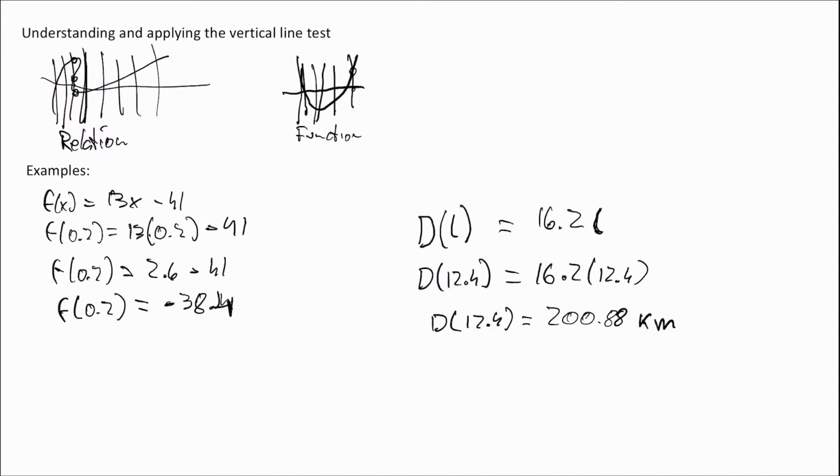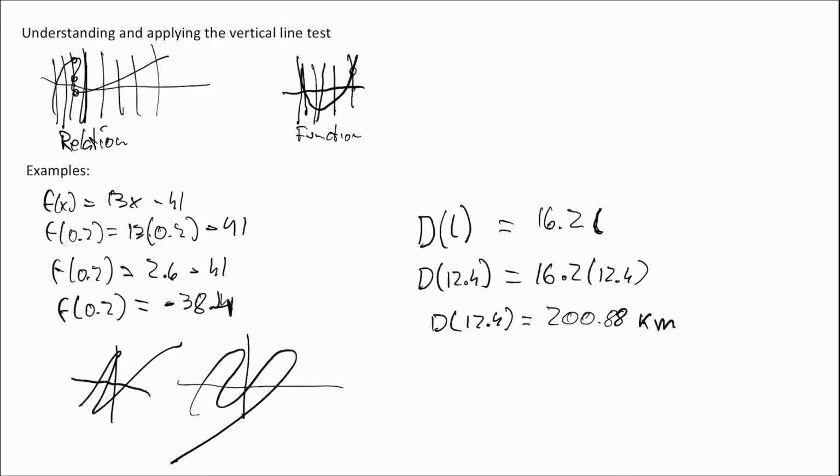I want to use the vertical line test to evaluate the following graphs, if they're functions or relations. So let's draw my graphs here, something like that, something like this, and something like this. Well, using my vertical line test, I can already see here, I draw a line.